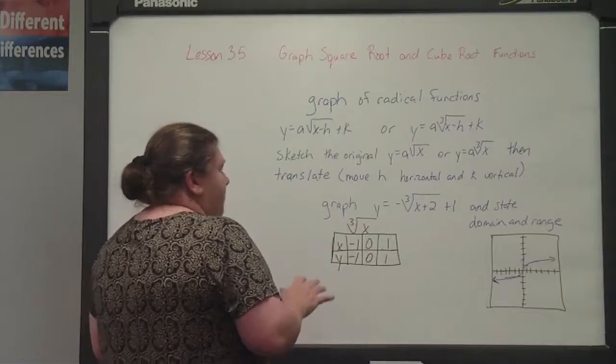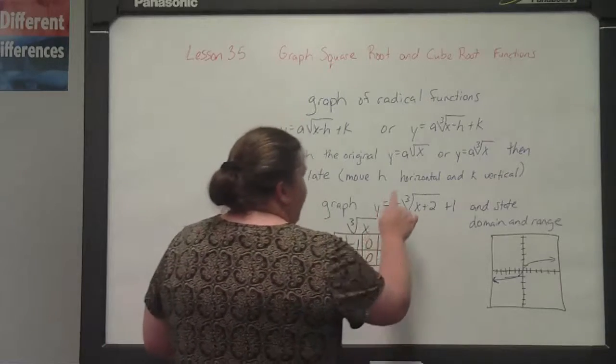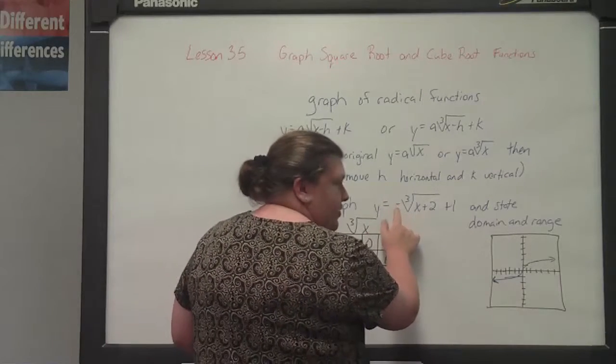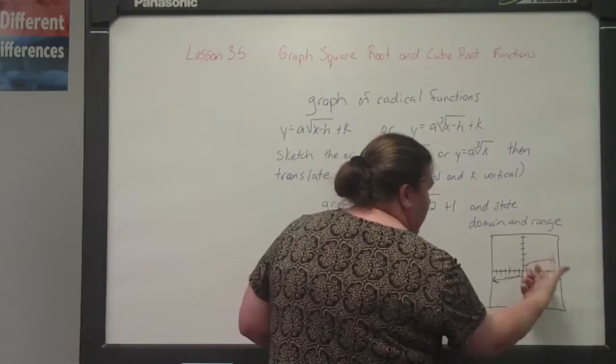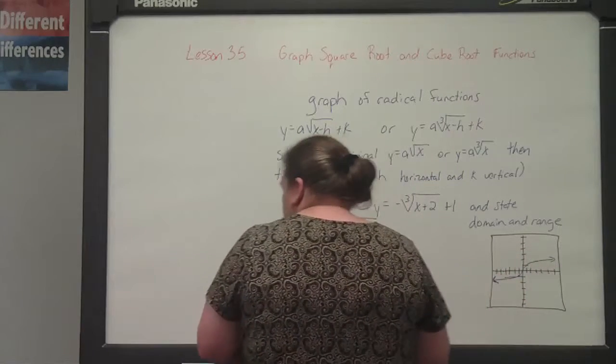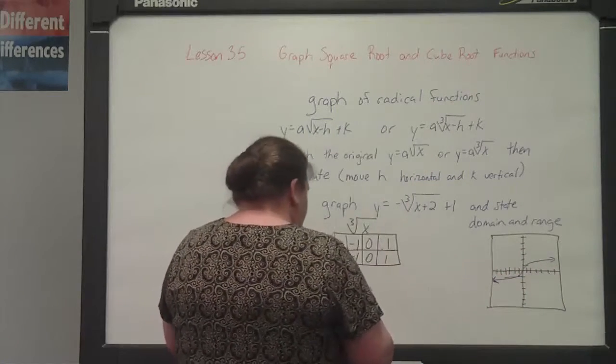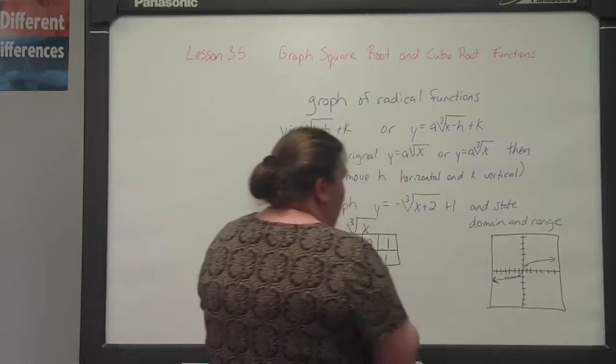Now, what we have to keep in mind is that this negative symbol lets us know that this is actually going to be flipped. So what I'm going to do is go ahead and do that.